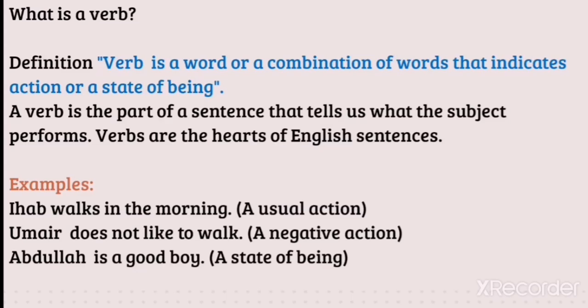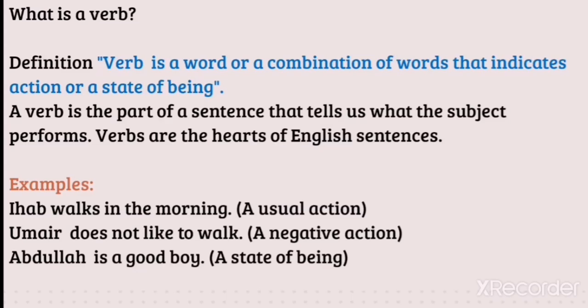If it is a part of speech, then it will be a word. क्योंकि part of speech के अंदर जो है words होते हैं, और combination of words, या verb जो है या ये words होगा या combination of words होगा that shows or indicate action or a state of being or condition, जो हमें action के बारे में बताएगा sentence के अंदर, और a state of being या किसी हालत के बारे में हमें बताएगा.